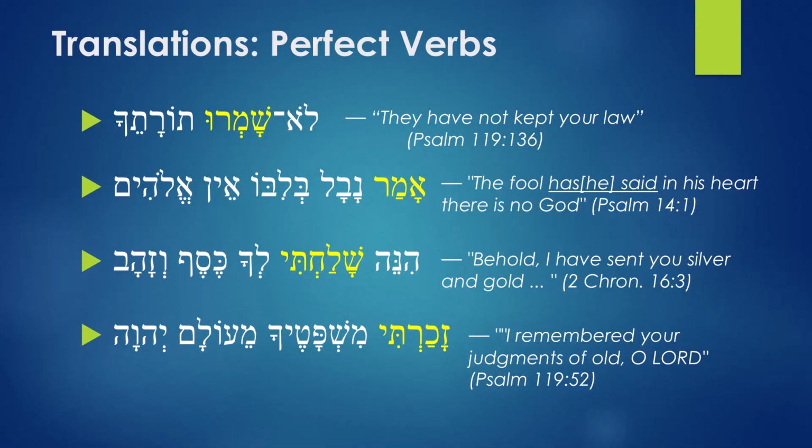And then we have me'olam. That me is coming from the preposition min. Min means from. But min before gutturals, ayin is a guttural, is pointed as me, which still means from. Olam means eternal, it means old. So me'olam means from old, from eternity.